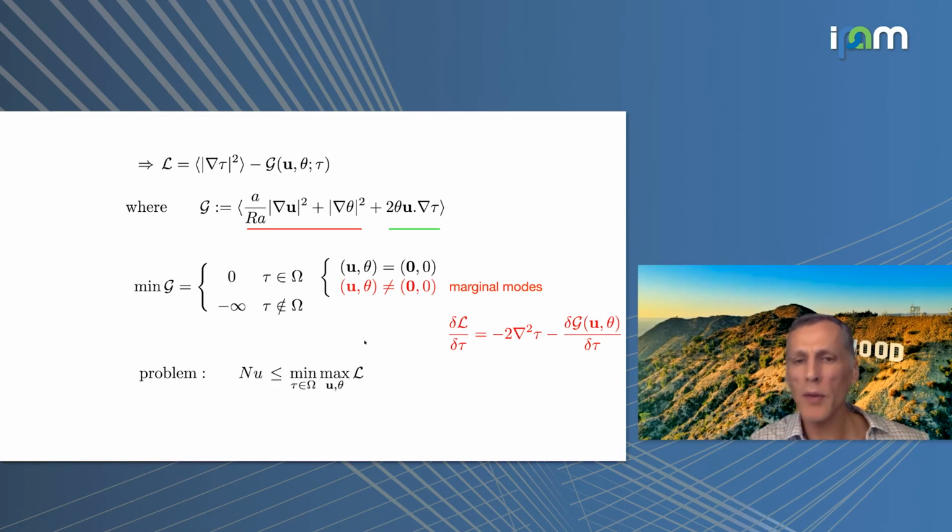Once I've got that g has a minimum, I can look at all the relevant tau that allow me to then minimize this first term. So the problem becomes a min-max problem. Maximization of u and theta, well, that's basically finding g equals 0, such that I then minimize over all of those tau that have this maximum.